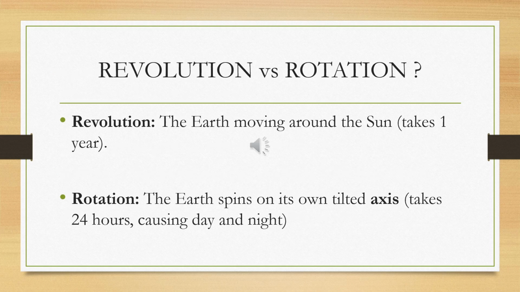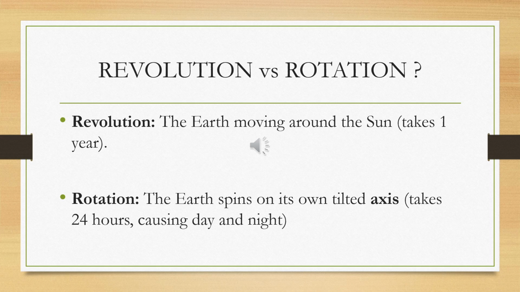But students, before I go to the seasons topic, may I know, do you actually know the difference between revolution versus rotation? Now, please remember that revolution is the Earth moving around the sun, which takes approximately 1 year.